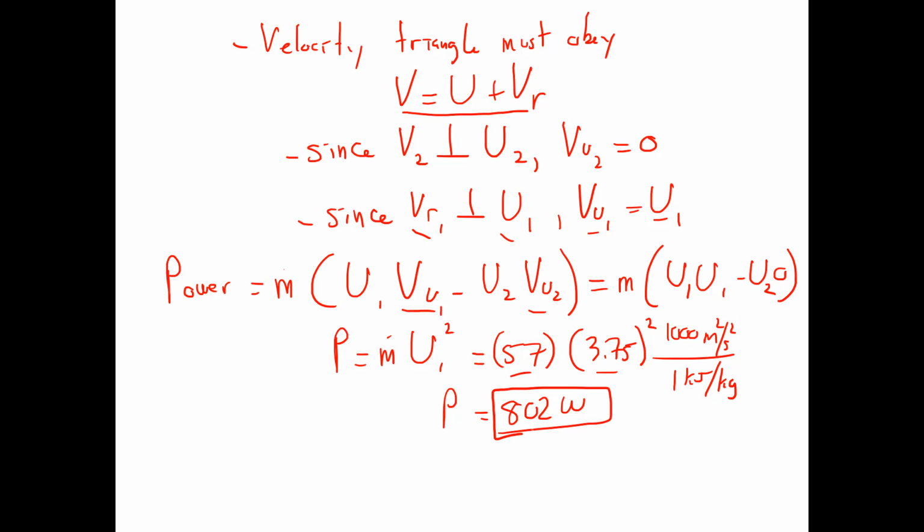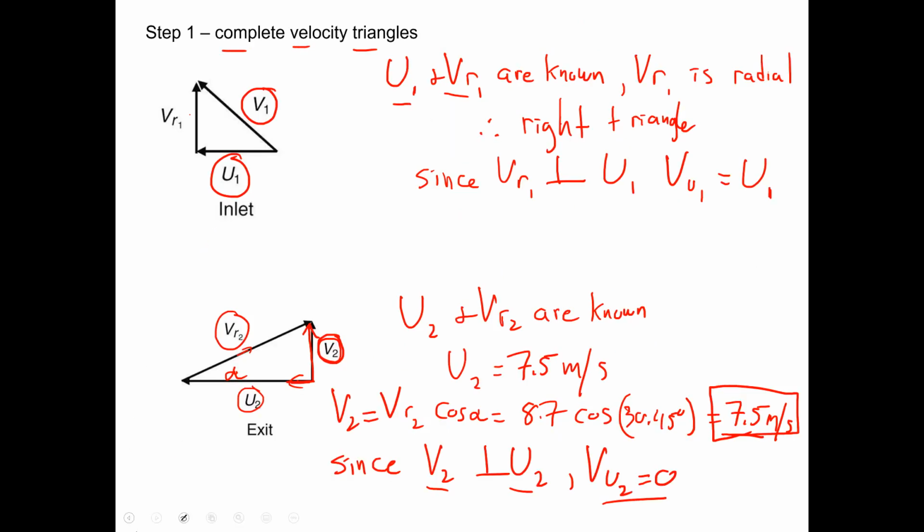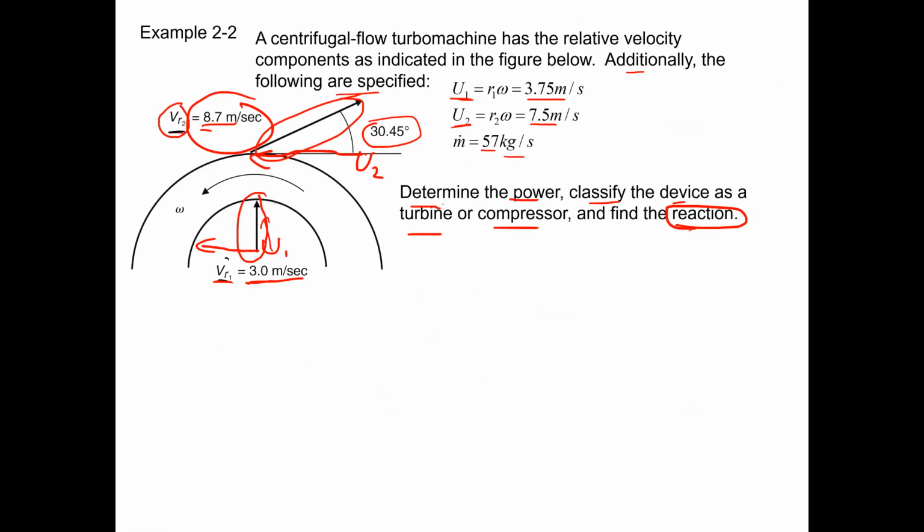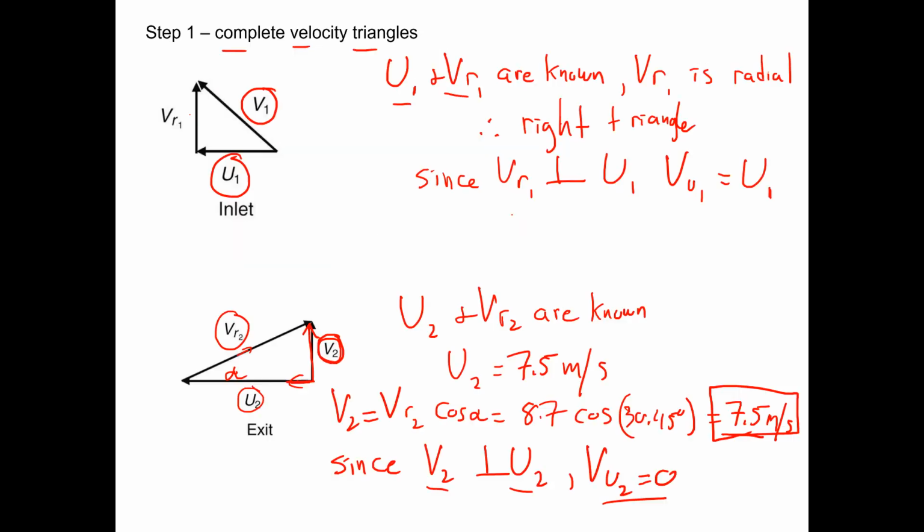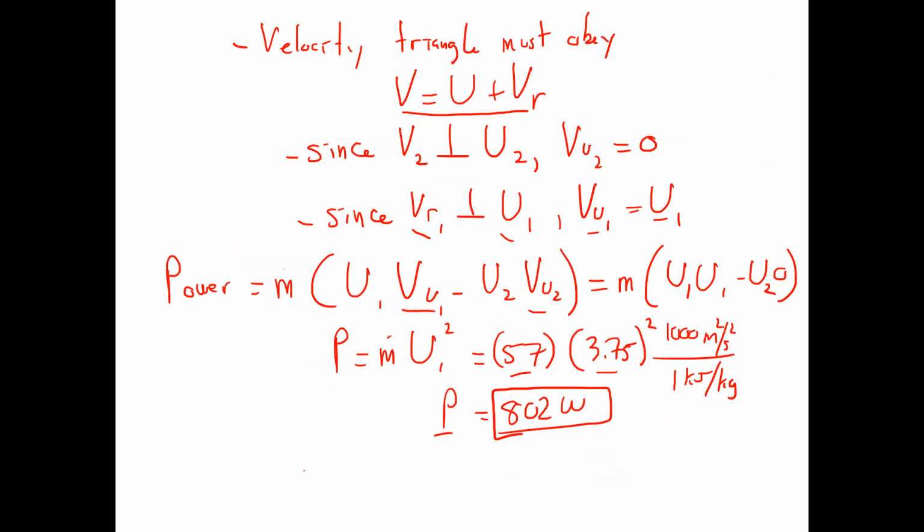So that's the first component. It's asking what is the power. The second part was asking, is this turbo machine a turbine or a compressor? Again, it's pretty simple to figure that out. If you just take the product between the radius multiplied by the tangential velocity of the fluid, you'll find that that moment is greater at the entrance than it is at the exit.